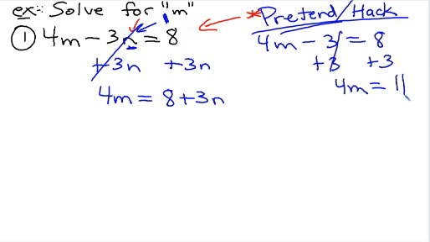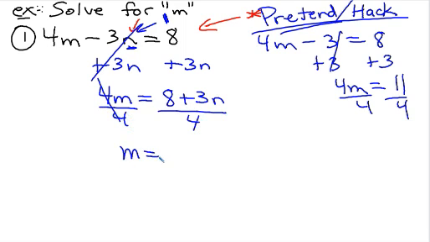What would I do to finish solving my planning problem? Would I divide both sides by 4? Yeah. So on our real problem, we're going to divide both sides by 4. My 4's cancel, and we're done.